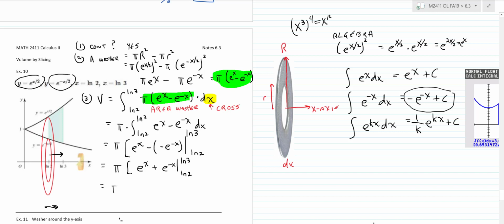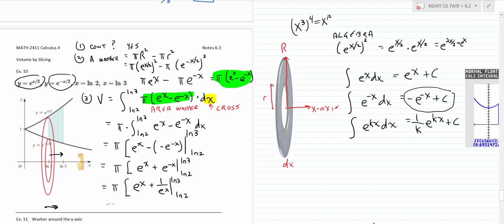So this will be pi. Plug in the upper limit. We're going to have e to the ln3. Let's do one more thing on this. I kind of prefer to do it this way. You can skip some of these steps, but I'm trying to show it as clearly as I can. So this is e to the x plus 1 over e to the x, evaluated from ln2 to ln3.